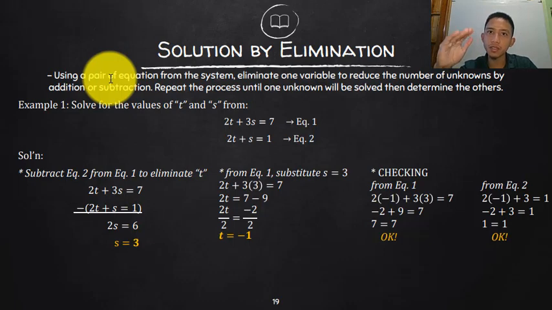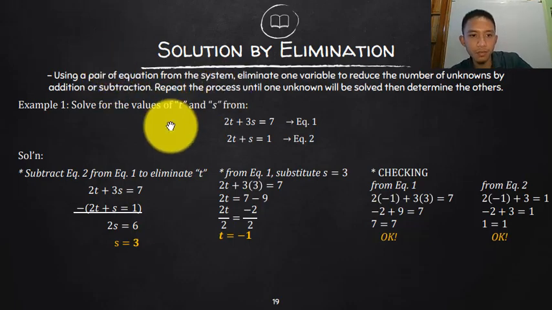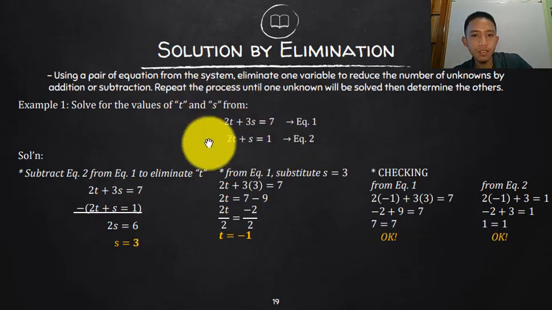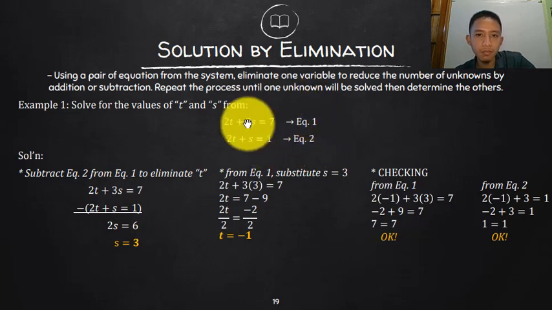That will reduce the number of unknowns until you reach only one unknown, and we will solve that one, and just like in substitution, go back to solve for the rest. We will be solving the same problem so that we can verify, and the answer should always be the same. This is your example number 1 from substitution, but we will apply elimination here.